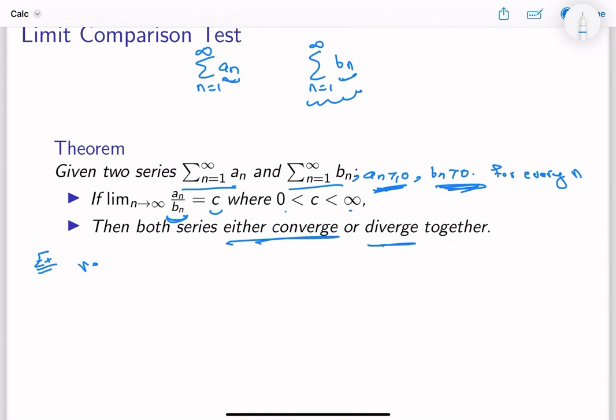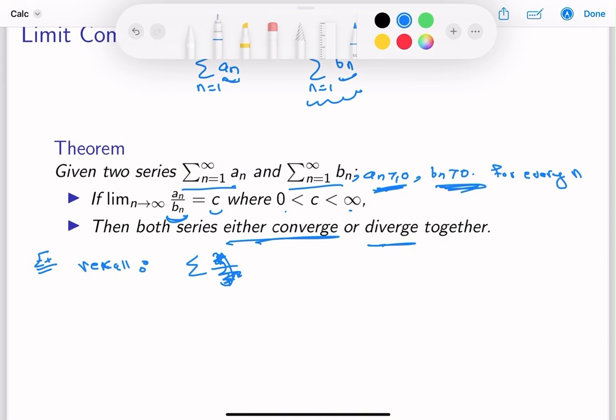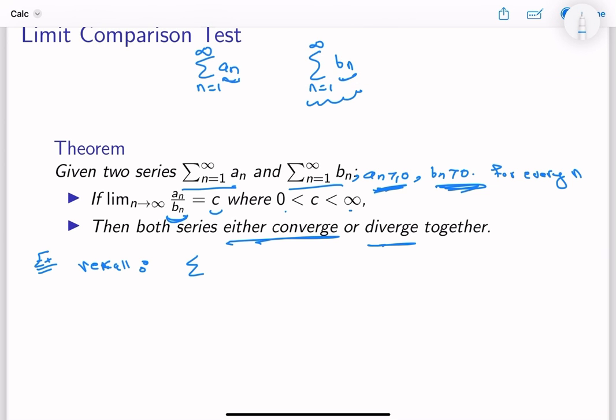Let me remind you, recall, we have the sum of (2 over 3) to the n, as n runs from 0 to infinity.